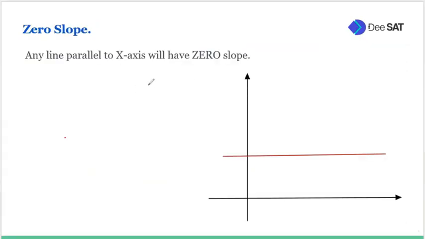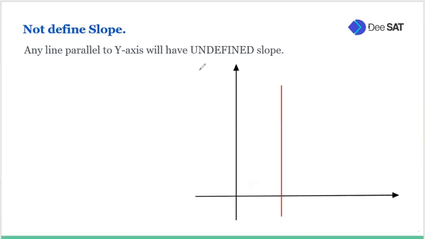When you talk about a zero slope, a line which is parallel to the x-axis will have a zero slope. So always remember, any line which is parallel to the x-axis will have a slope equal to zero. Similarly, any line which is parallel to the y-axis will have a slope that is not defined, which is also called infinite because we know that 1 by 0 is infinite, which is not defined.